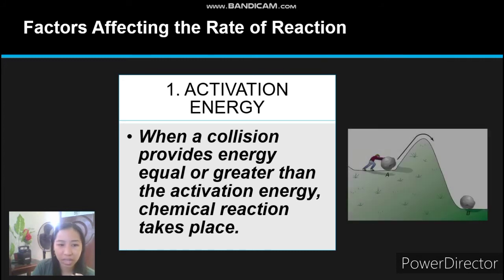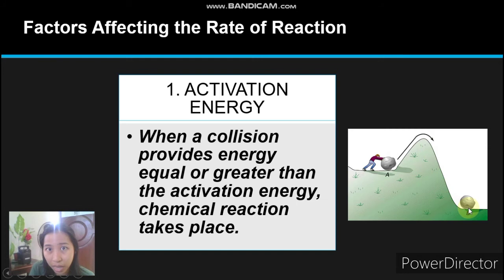If you're going to look at that one, in this illustration, this is your energy barrier. Murag katong wall akong gingon ganina. Now gusto nimo nga i-roll ang imuhang bato. Gusto ka nga ang imuhang reaction mahitabo. Now, how are you going to do that? Of course, you need to surpass the activation energy. You need to surpass this hill para mahitabo imong gusto nga mahulog ang bato sa pikas nga side.